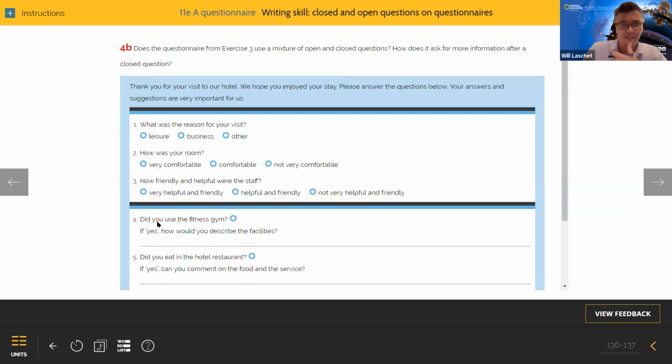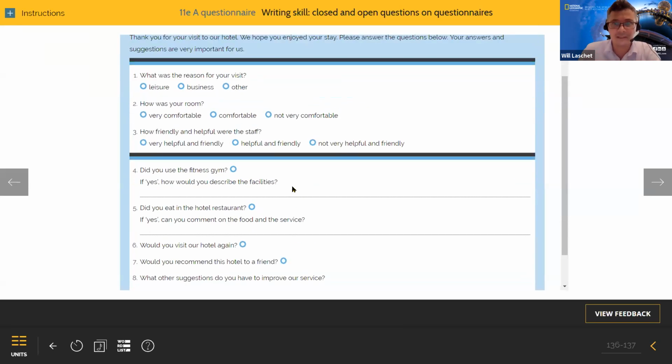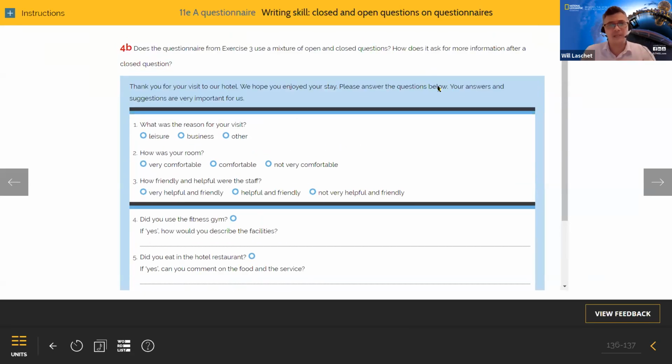So they answer the question. If they put no, they can move on. If they put yes, then they're going to answer the follow-up question. Okay, so this is really important to make sure that we're getting the right information from the relevant people. And obviously, if we had more time, we could analyze this further, but that's the basic analysis that I want to talk about.